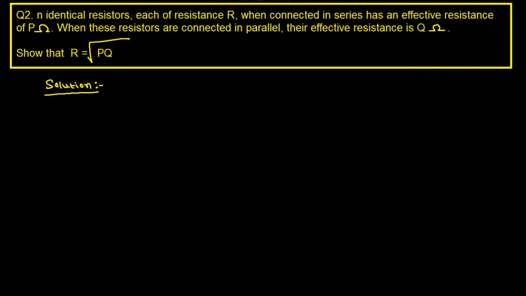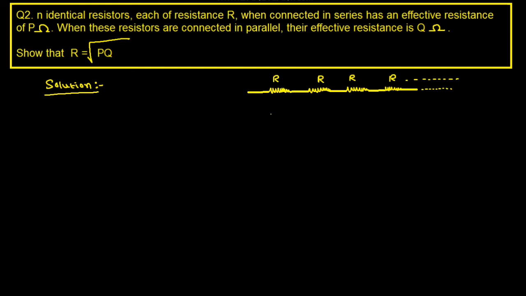So now we will solve question number 2. The question says: n identical resistors, each of resistance R, when connected in series, have an effective resistance of P ohm. Suppose we have n number of resistors, each of resistance R like this.